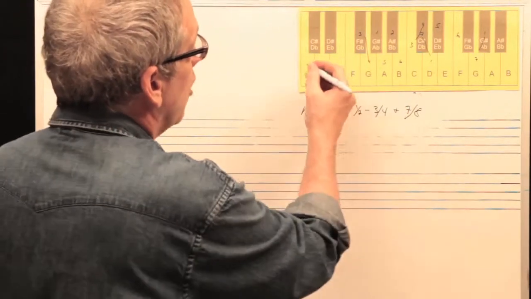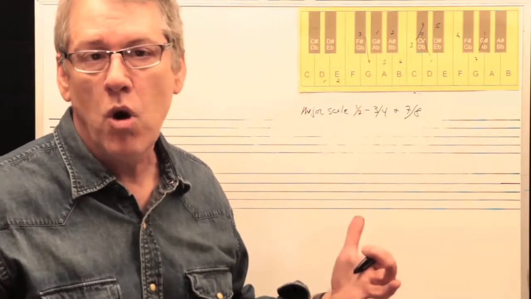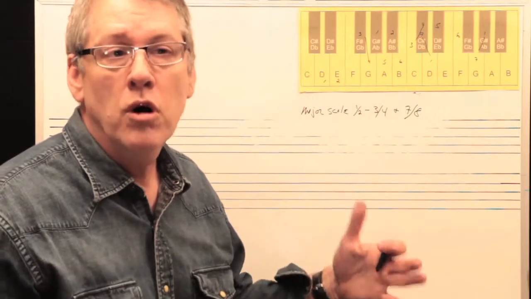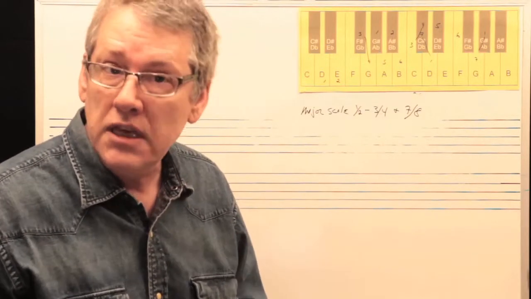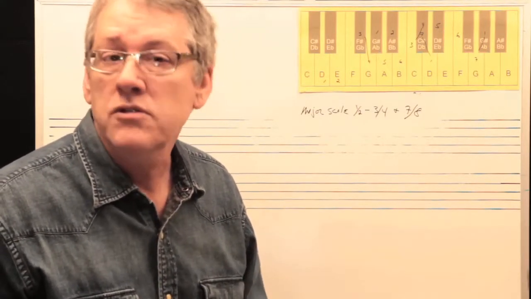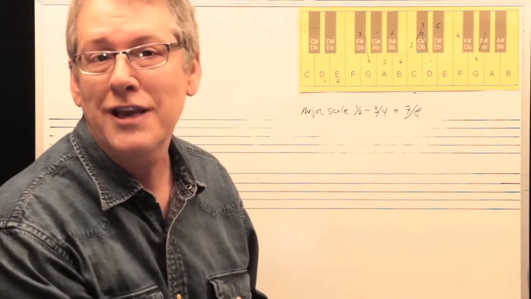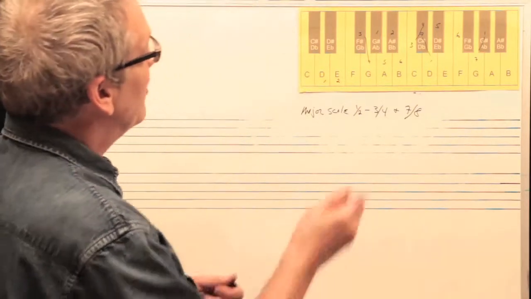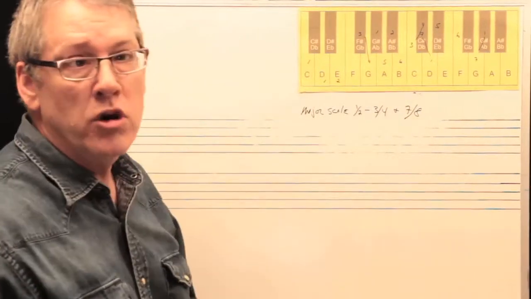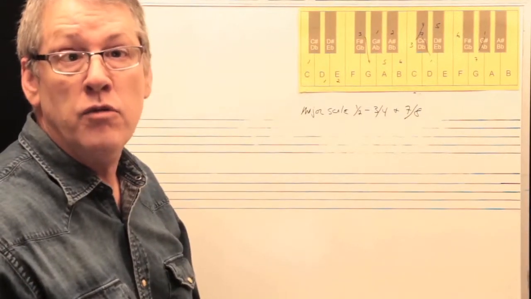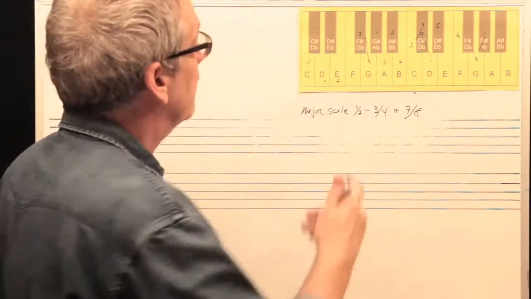When you talk about the 1 chord, that's the home chord of the key, the root, the tonic. So if we're in the key of C, the 1 chord is C. The chord is built with 3 notes, a triad, right?